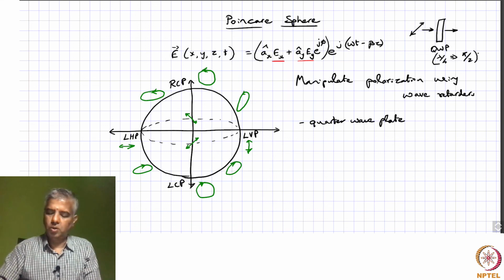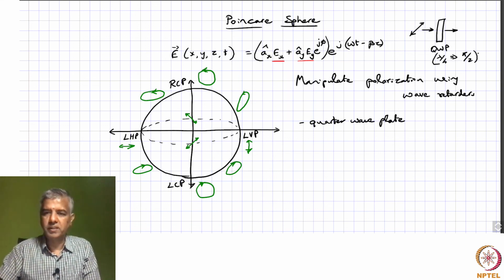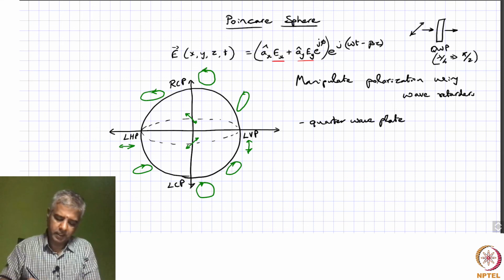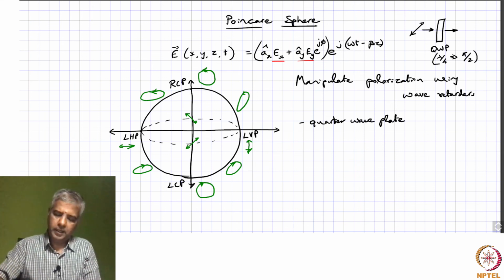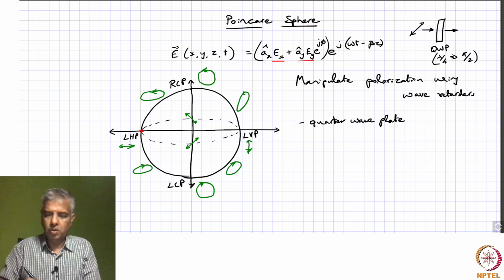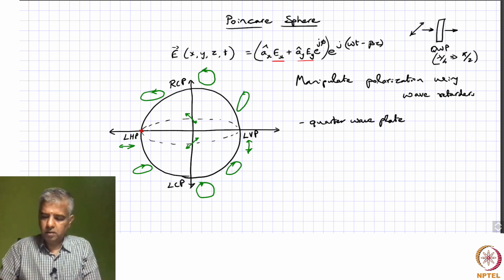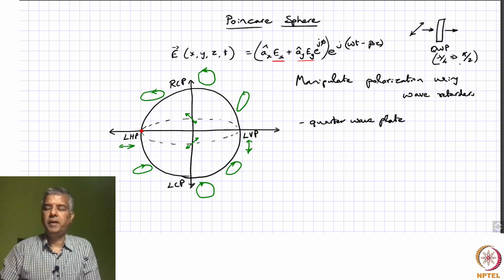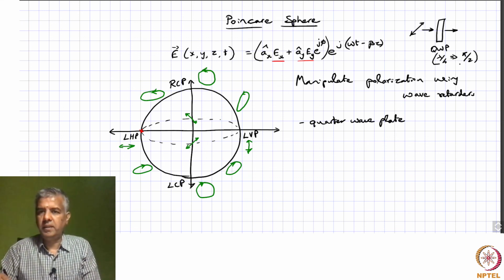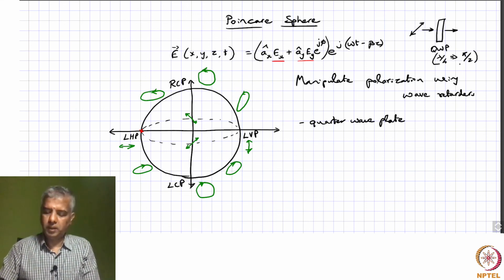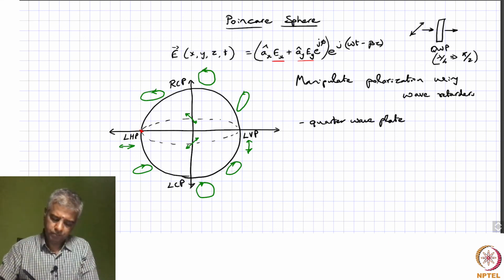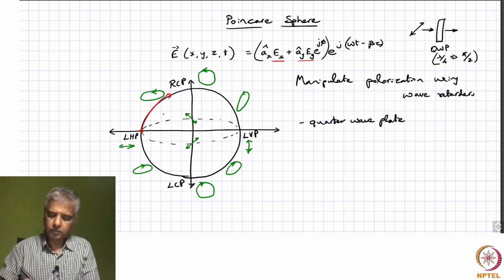Okay, so if you start with a linear polarization, let's say we are starting somewhere over here, and if you incorporate a phase change of pi by 2, where let's say along the y direction it is pi by 2 retarded with respect to the x direction, then we are talking about moving from this towards this direction.